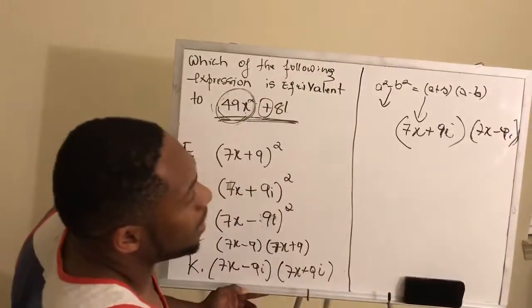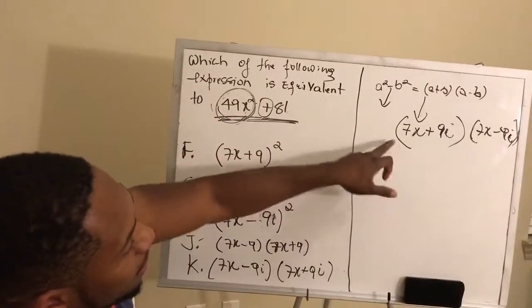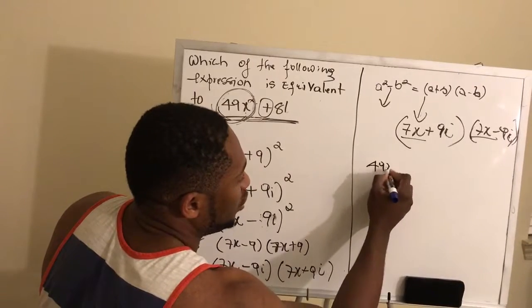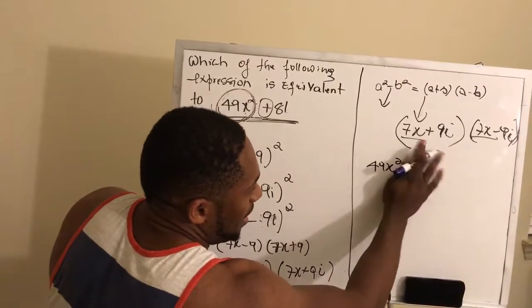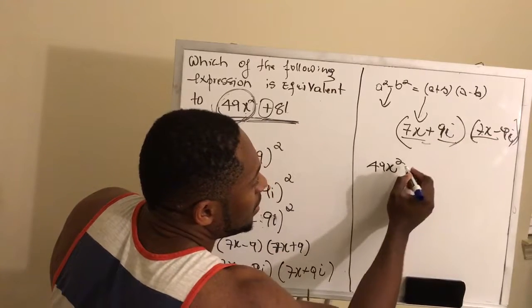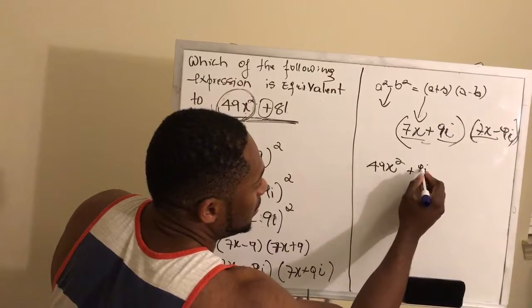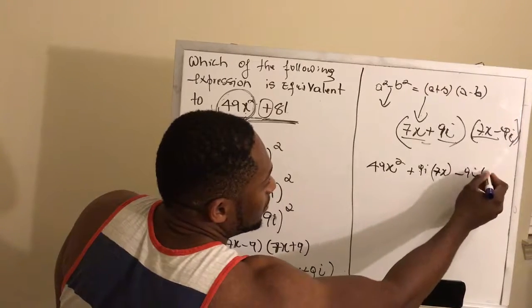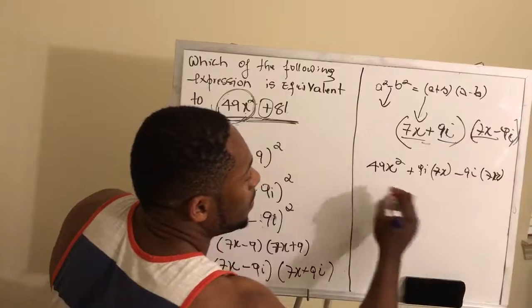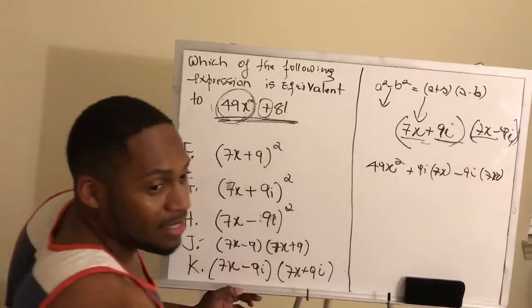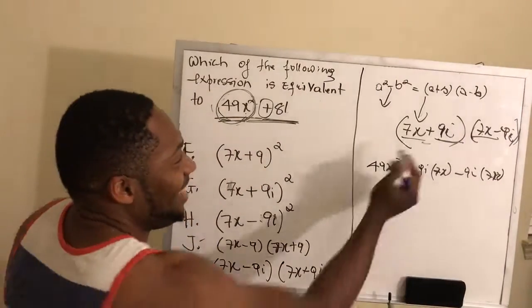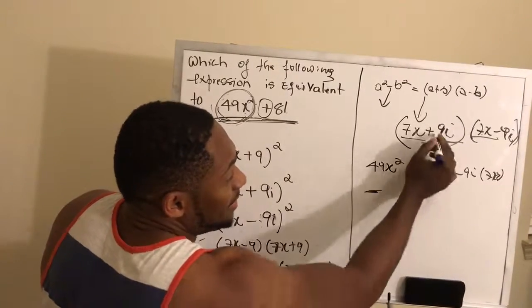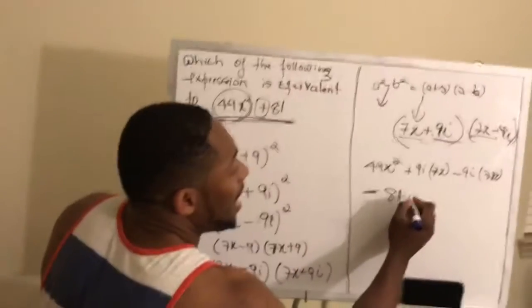Okay. Now, here's what I was saying. If you expand this, you're going to have 7x times 7x, which is 49x squared. Then the 9i times 7x and the negative 9i times 7x cancel out. And then you have minus 9 times 9, 81, i squared.